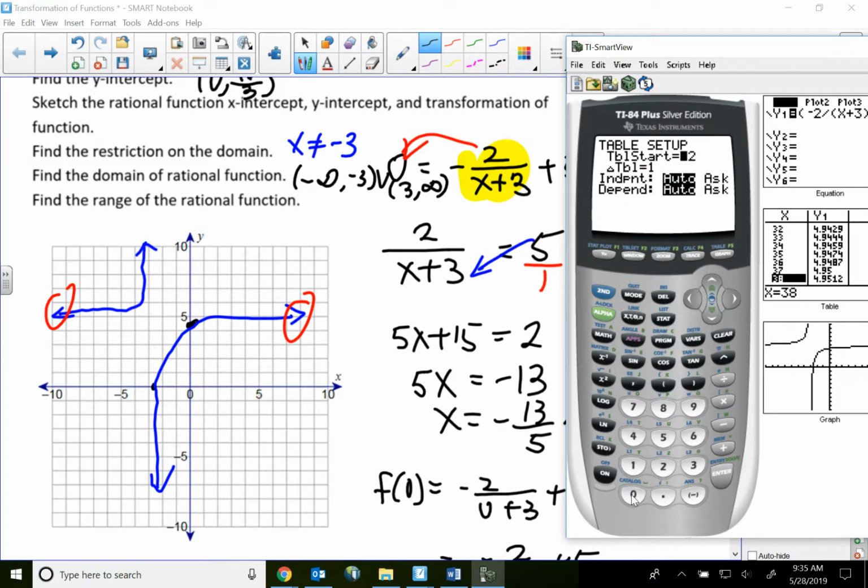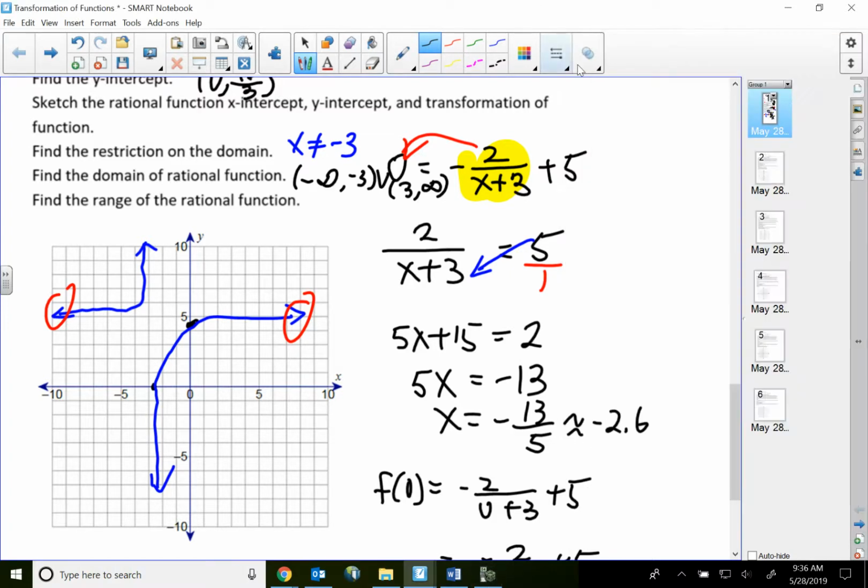Let me start back at 0 again. If I keep going negative, this is not 5. This is actually above 5, right? 5.6 is above 5. So if I keep going more negative, this part of the graph stays above the 5. So that means my y value is never exactly 5.